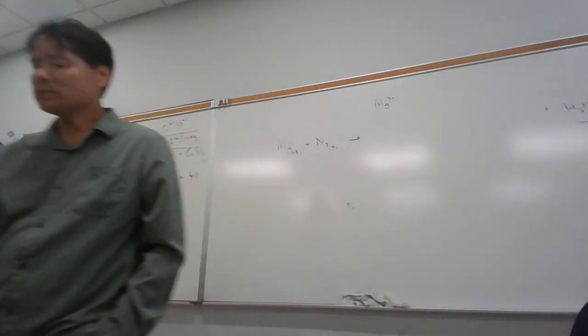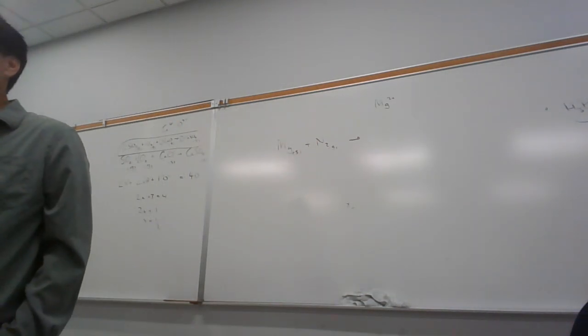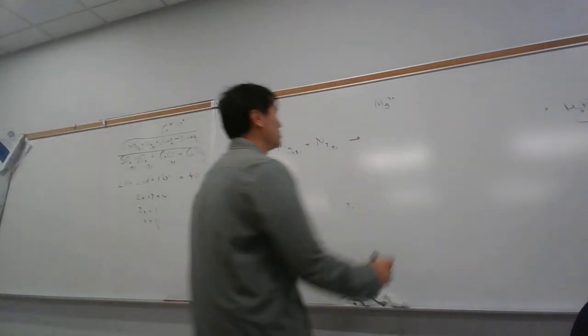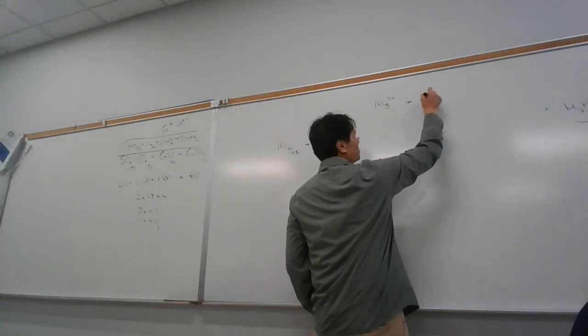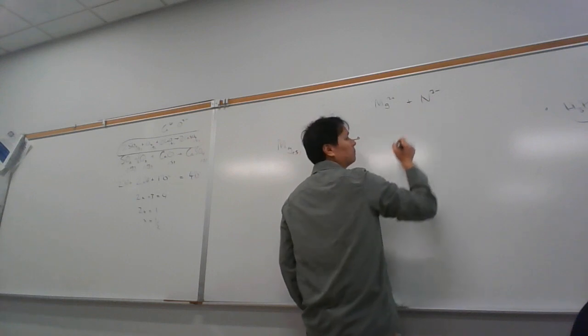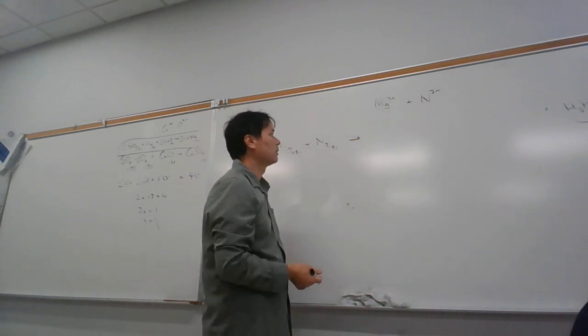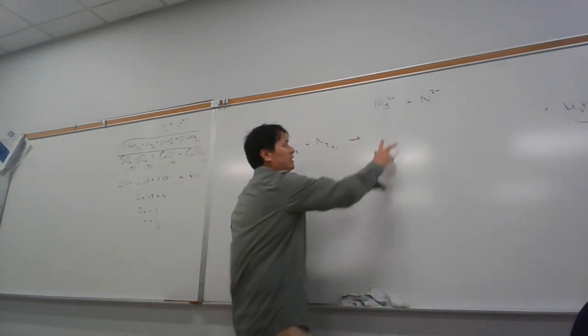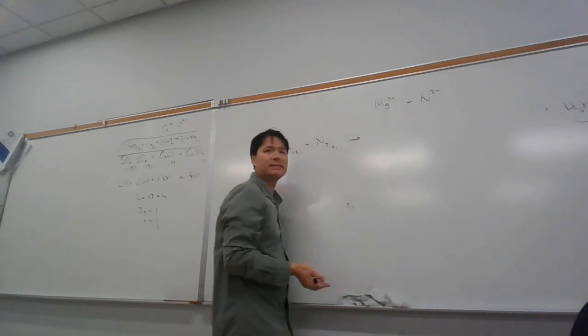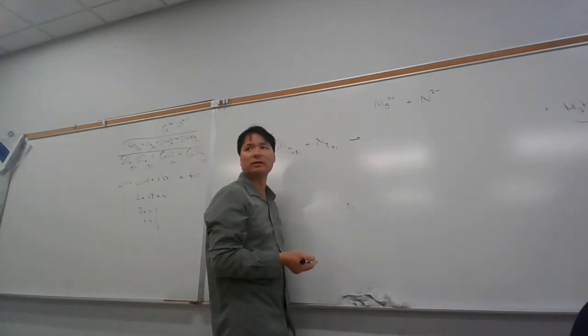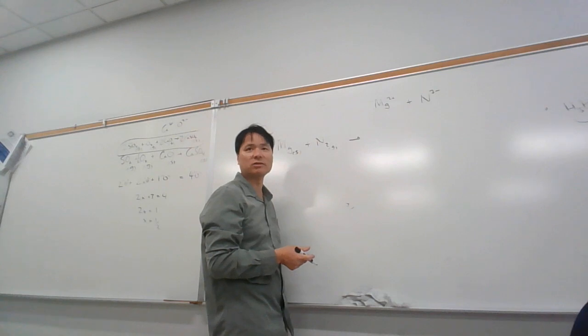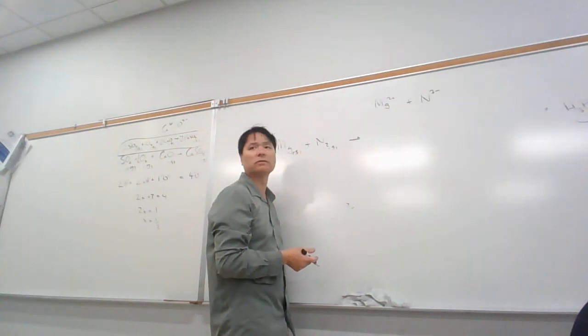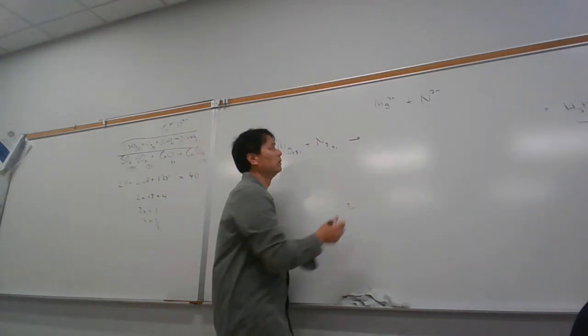And then nitrogen wants to gain how many? 3. And so nitrogen with 3 electrons is N3 minus. And what we need to do is get the right ratio. How many magnesiums, how many nitrides do we need to add up to 0? That is the charge.